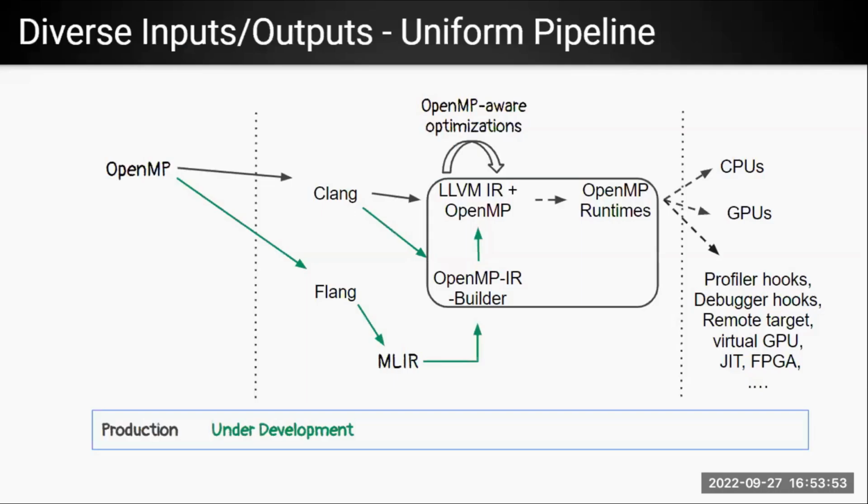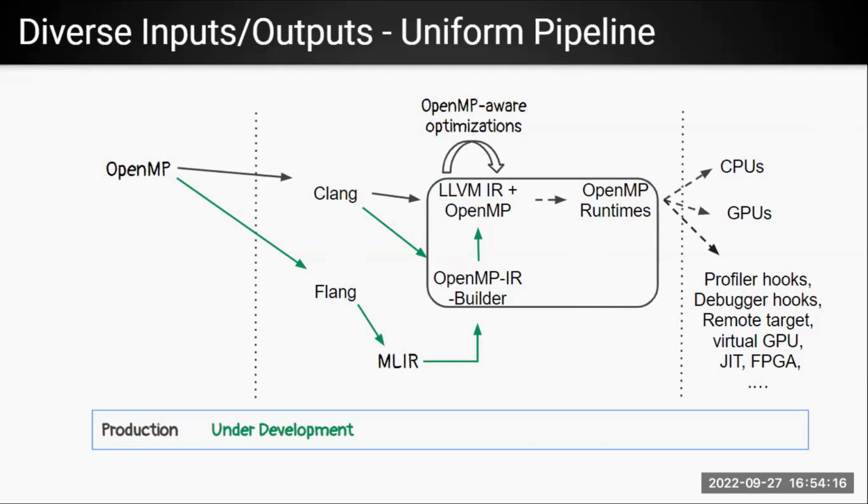Okay, where next? These are my last two slides. This is a rough idea of what OpenMP compilation in the LLVM land looks like. You have OpenMP as an input. It goes into Clang and Flang.